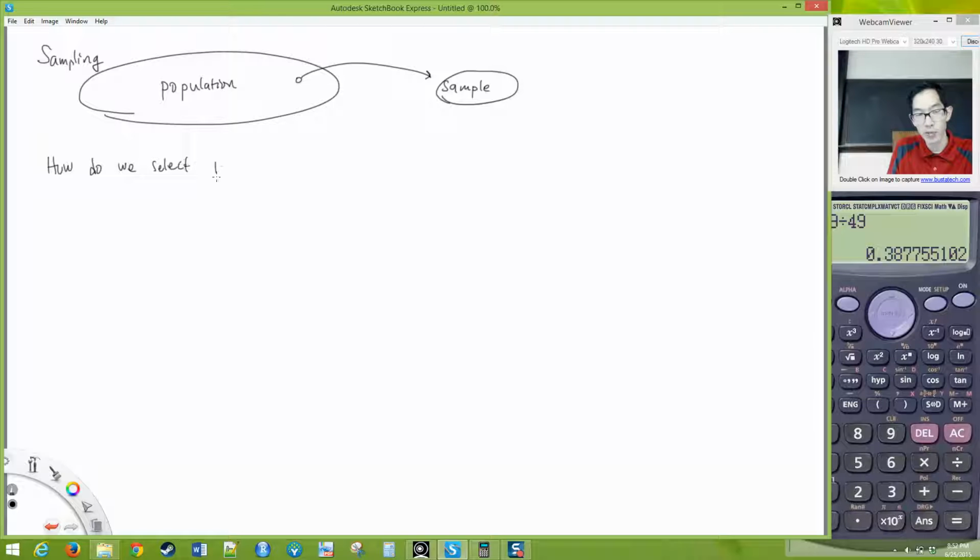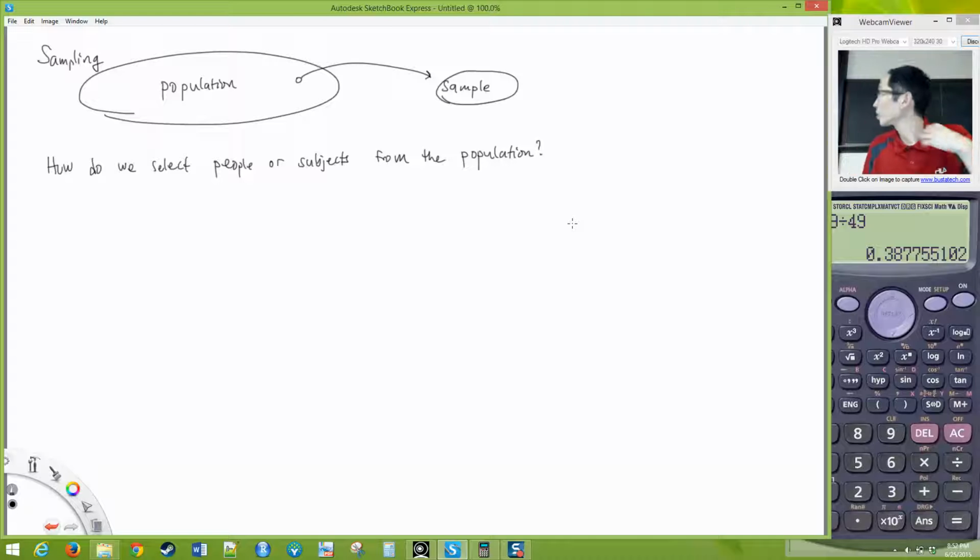People, or subjects if we're talking about rats or something, from the population. So that process is known as sampling. Okay?